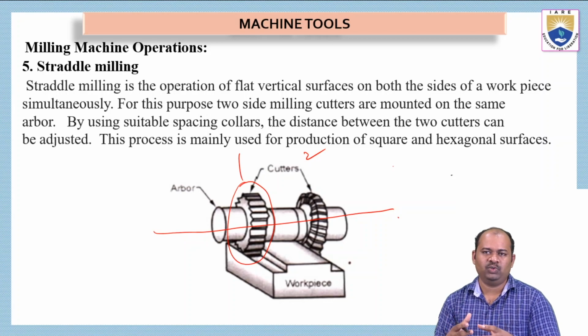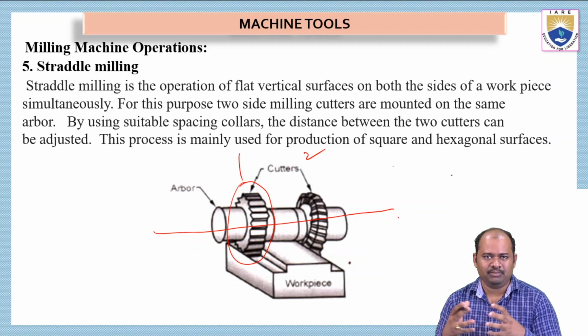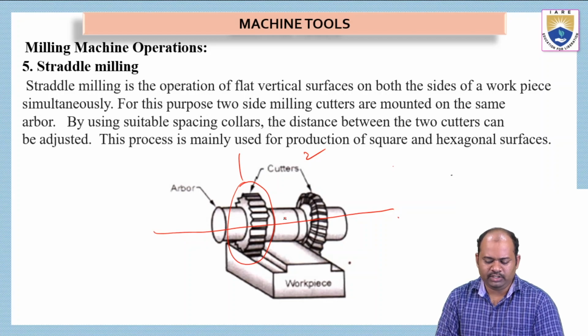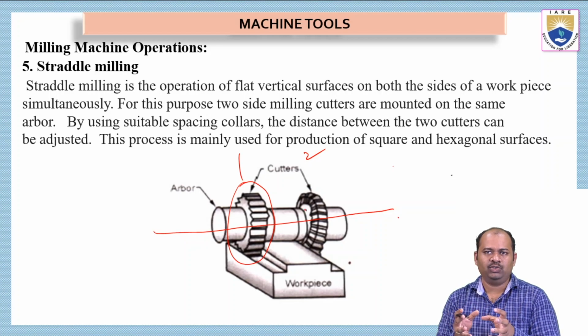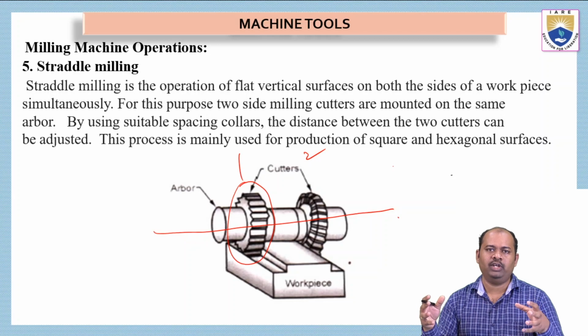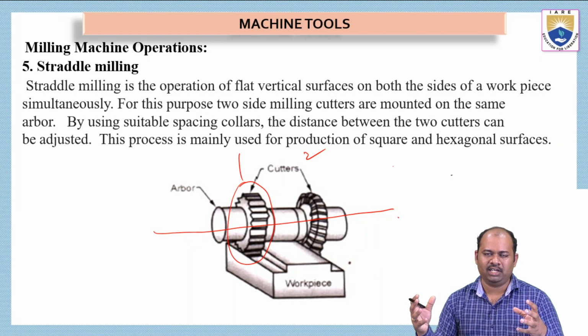This is only suitable for a limited number of applications because of its constraints. It has some limitations. Why? Because these two cutters can be adjusted only up to a certain limit. The length of the adjustment is not very large because they have to act within the length of the spindle only.